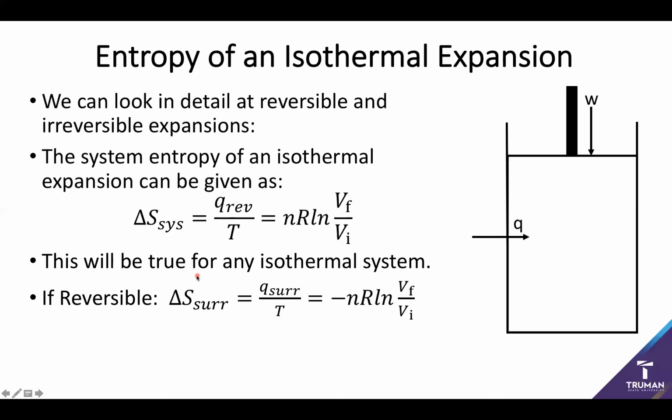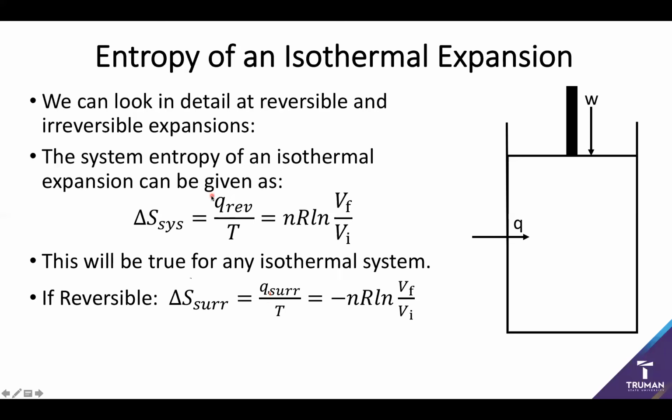However, where reversibility becomes quite important is when we're talking about our surroundings. So our surroundings are going to have an entropy given by the heat of the surroundings divided by the temperature of the system. But it's worth noting that the heat of the surroundings is only going to be equal to the reversible heat under reversible conditions.